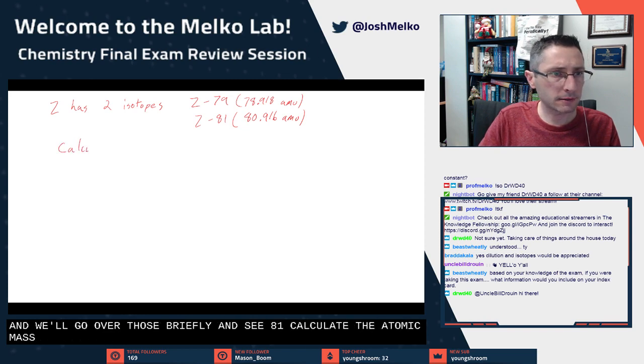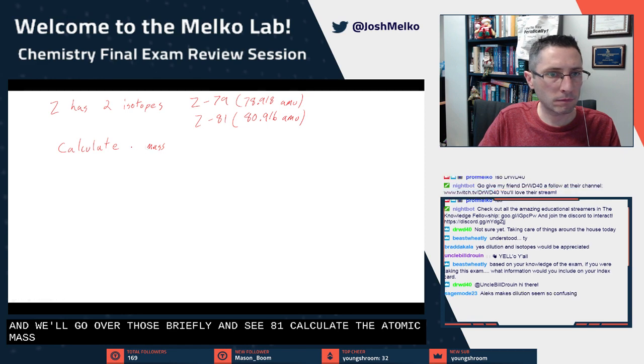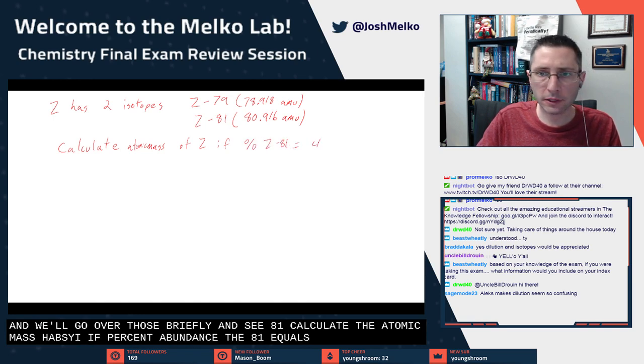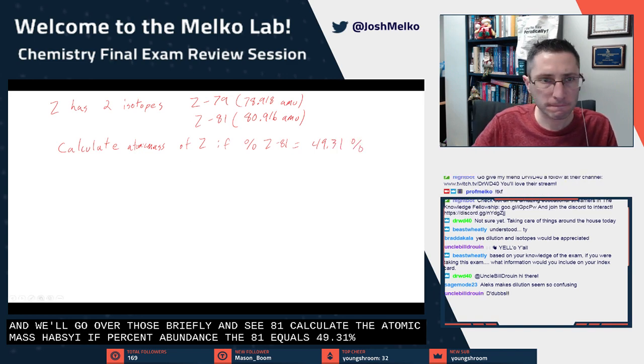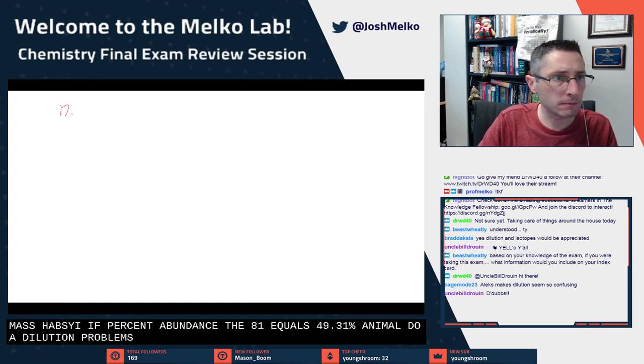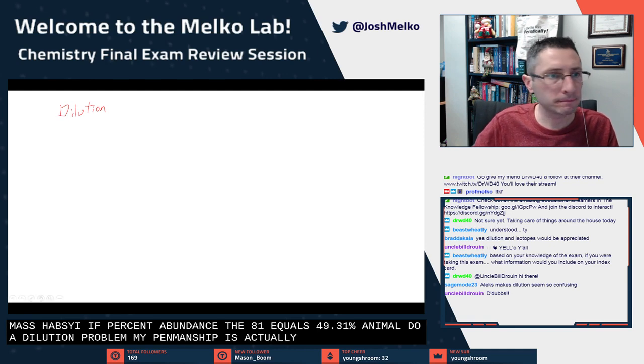Calculate the atomic mass of Z, if percent abundance Z81 equals 49.31%. Okay, and then we'll do a dilution problem.